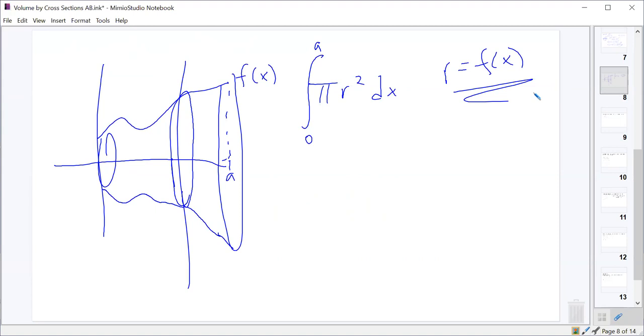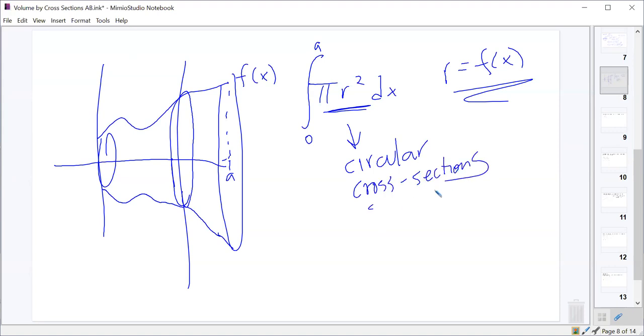And that's the whole idea of what we're going to be doing for the rest of this unit: taking weird regions, revolving them around the x-axis or the y-axis or around some random line and finding their volumes. We're going to use this idea of circular cross sections to find their volumes. That's our goal for the rest of this unit. Sound good? Does that conceptually make sense?